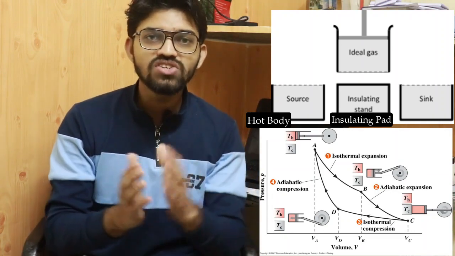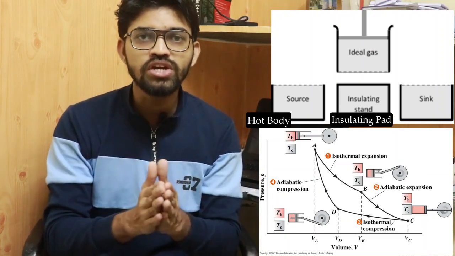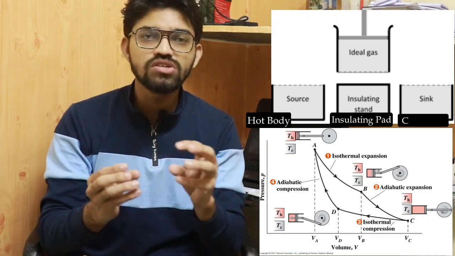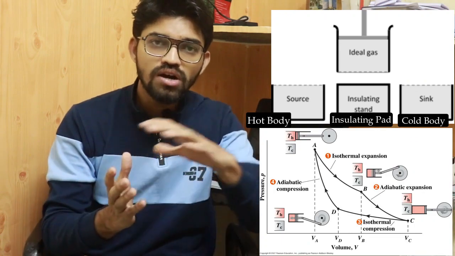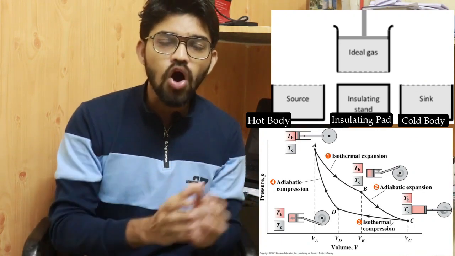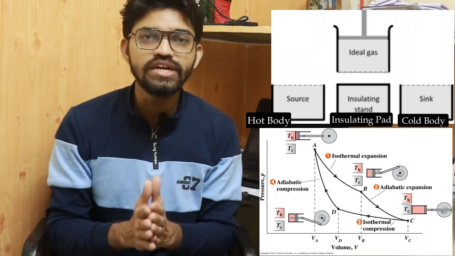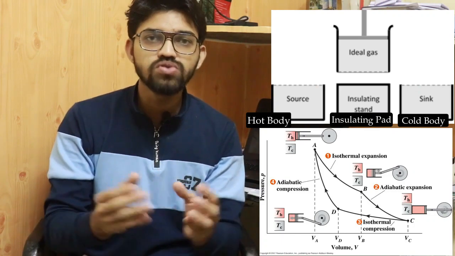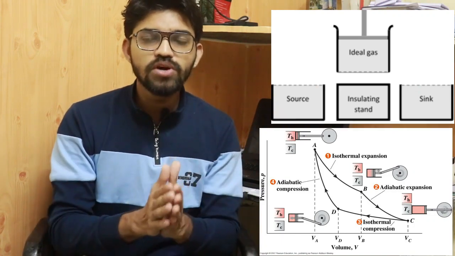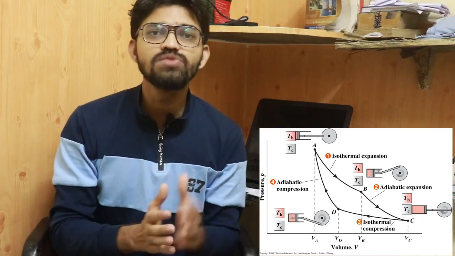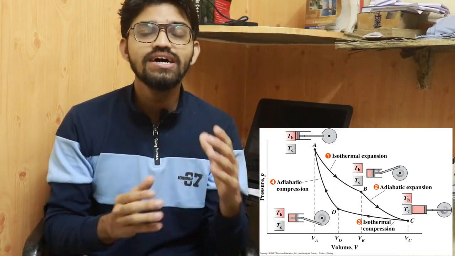At the last stage, the compression stage, the insulation pad gets removed and the cold body comes in contact with the bottom of the engine cylinder, and that cold body absorbs the residual heat; we can call it the sink. So it absorbs all the heat. This process continues itself, and this engine is called the Carnot engine.